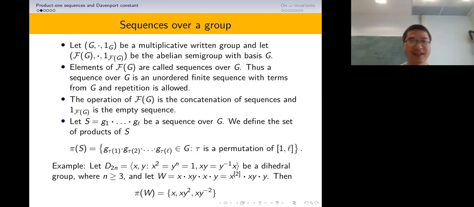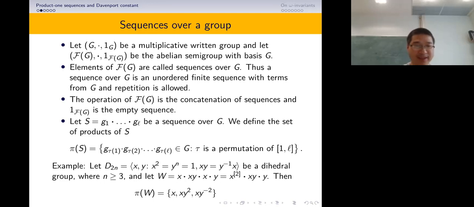We define the set of products of S. Since S is an unordered sequence, we give an order to the terms such that there is a product. So for every order, there is a product of the terms, and pi(S) is the set of all the products.